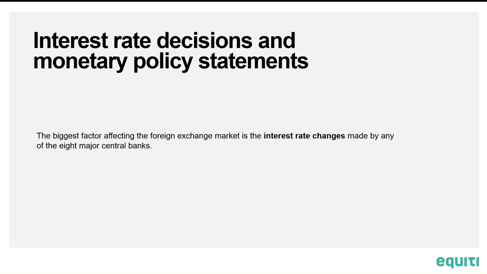The Dow Jones may lose 300 points, it may lose 600 points, it also may lose up to 1,000 points depending on the monetary policy statement at the time or the rate of the hike. So it has a particularly relevant and interlinked effect on the stock market and the FX market as well.